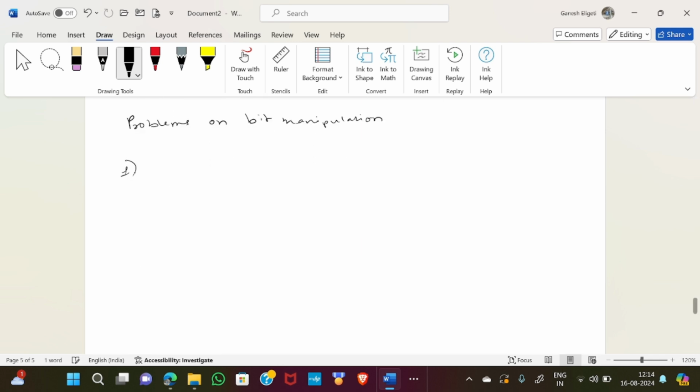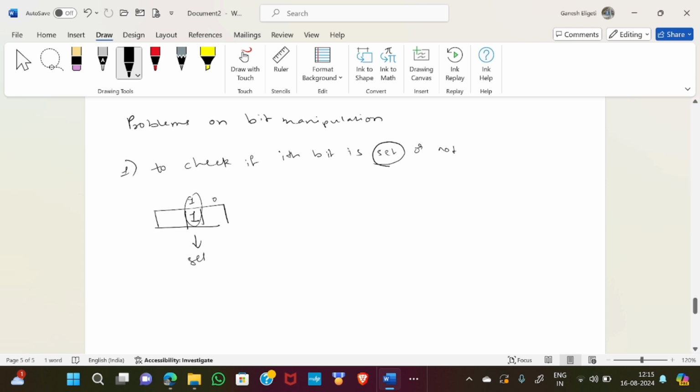Okay, so the first problem we will be seeing in this will be to check if the ith bit is set or not. Now in this, what is the meaning of set? When a bit is 1, it means it is set.